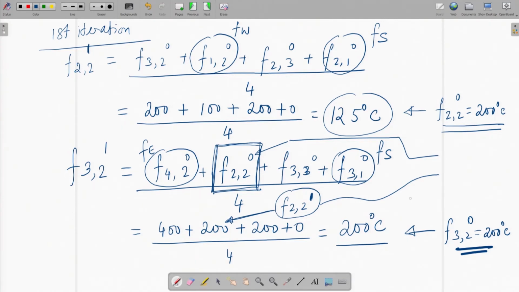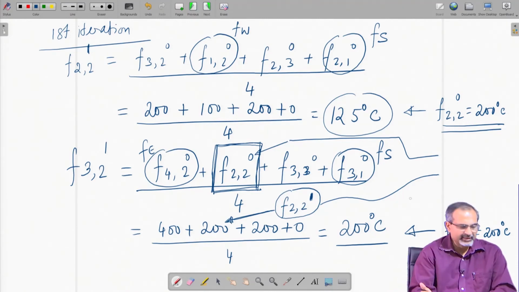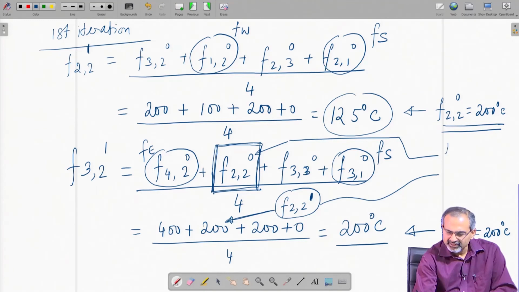If you are always using the older iteration level, irrespective of whether the functional value has already been updated at that grid point or not, then you are using a class of iteration methods called the Jacobi iteration.